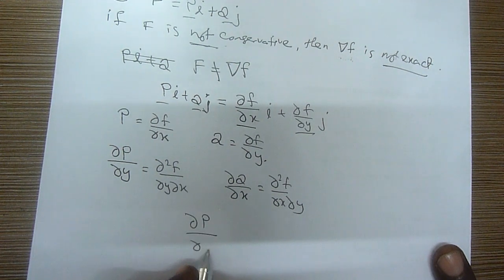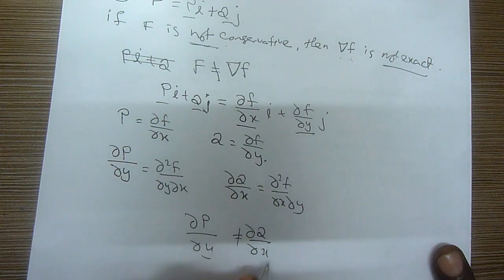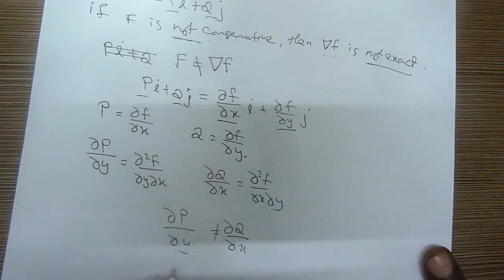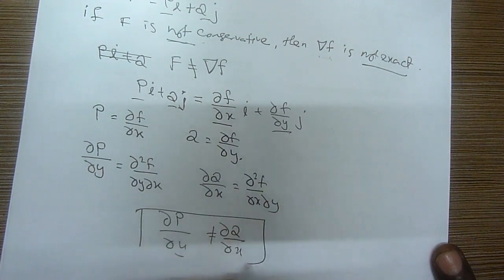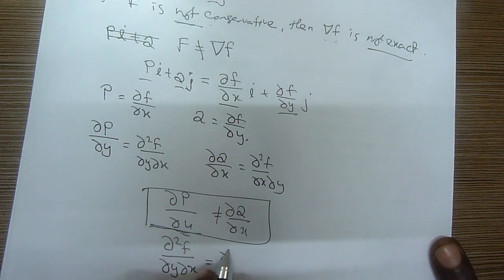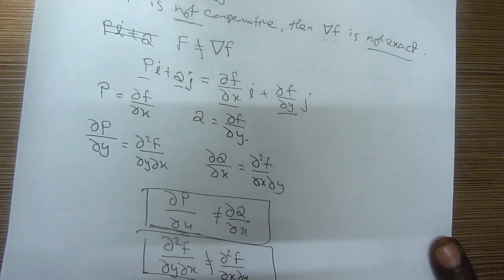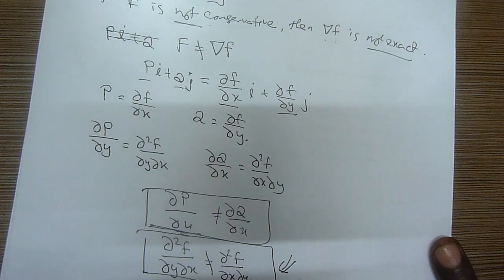In an easy sense, del Q del x and del P del y are not the same. We learned that according to Clairaut's rule this must be the same, but how can it be not the same? Is it possible? In which scenario does it become not the same?